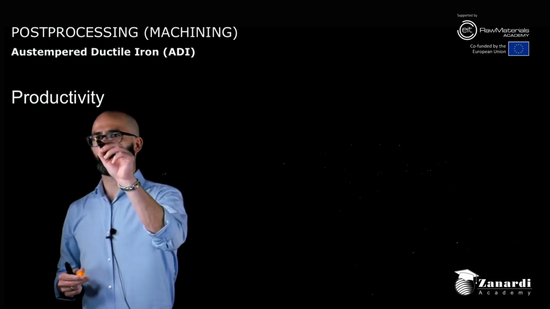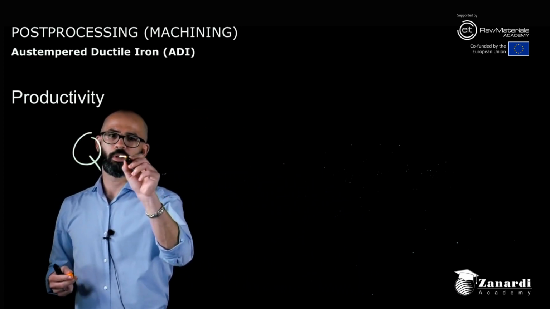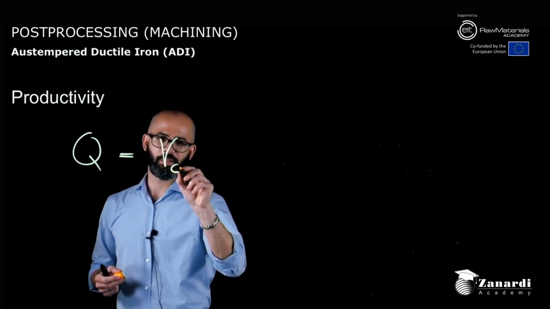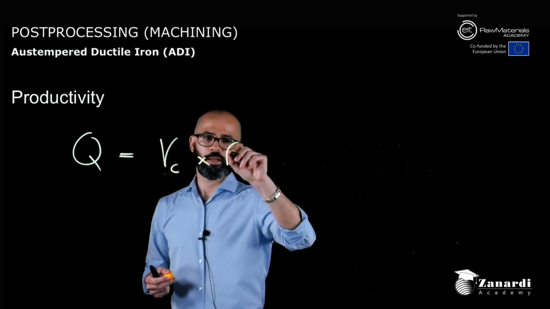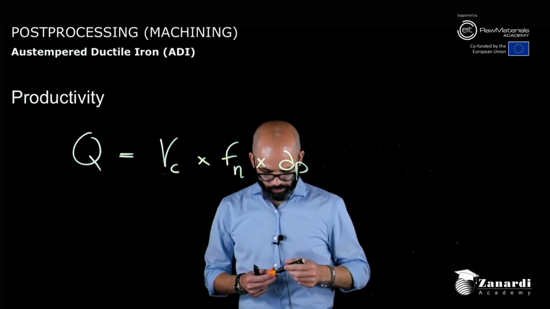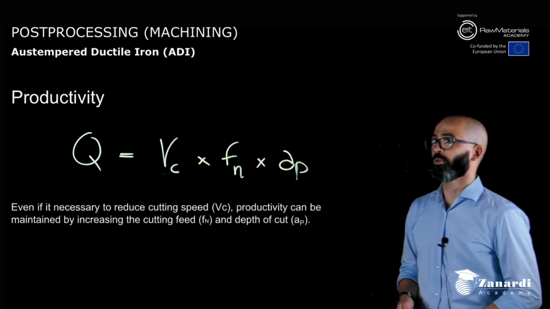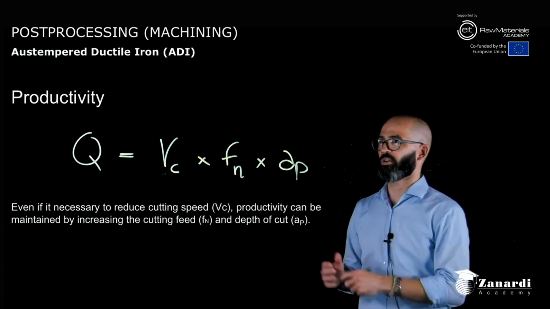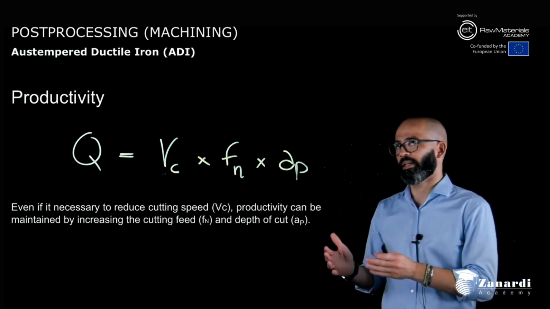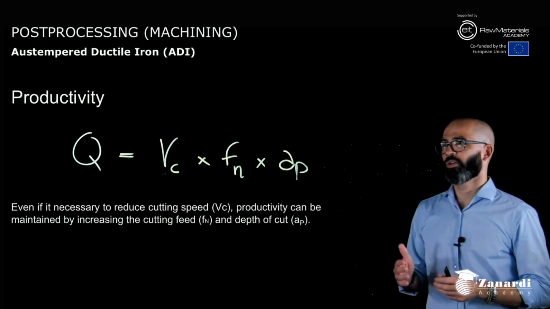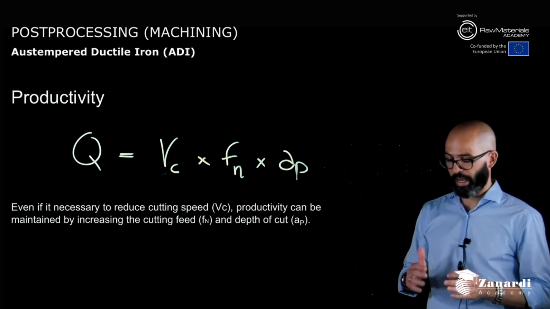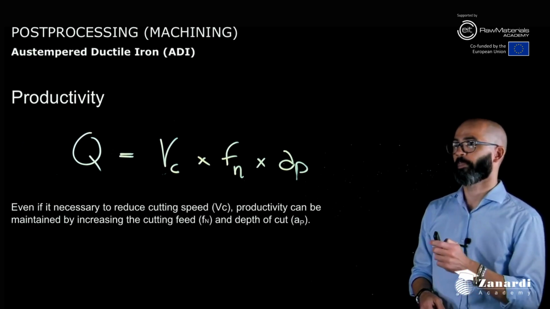If our productivity is called Q, productivity is obtained by cutting speed by cutting feed by depth of cut. So if you want to have a high level of productivity, you have to reduce the cutting speed because ADI needs reduced cutting speed. You can manage cutting feed and depth of cut to maintain a high level of productivity.